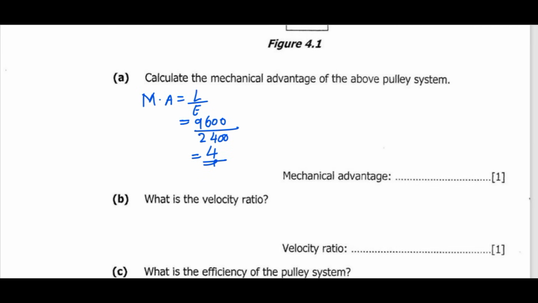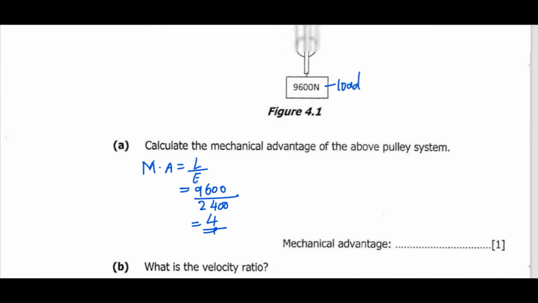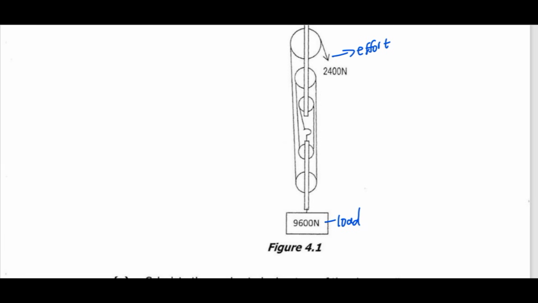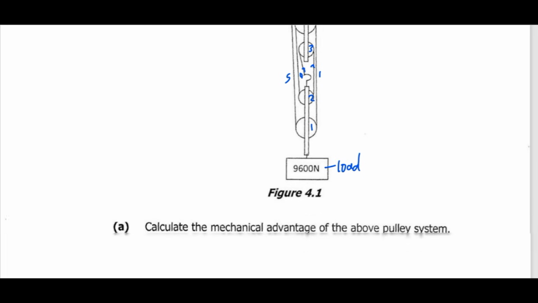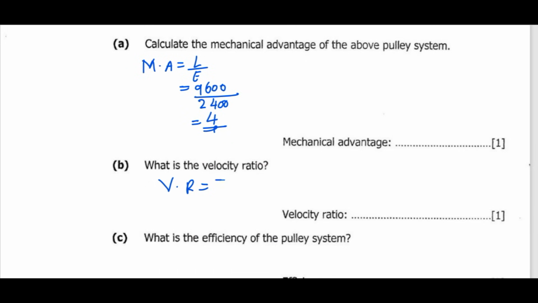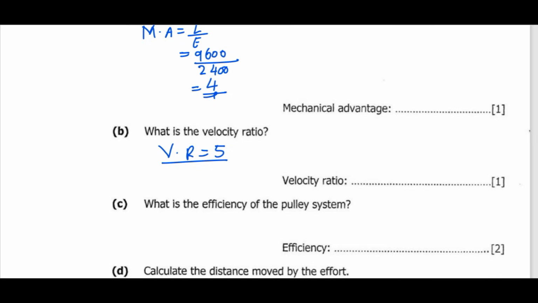Okay, what is the velocity ratio? So here you just have to count the number of ropes. So we have 1, 2, 3, 4, 5. Or you can count the number of pulleys. So we have 1, 2, 3, 4, 5. Then what is the efficiency?